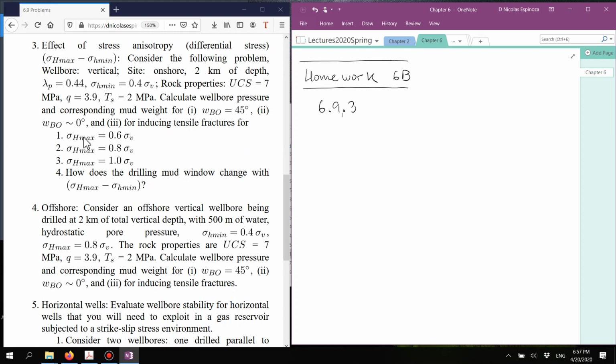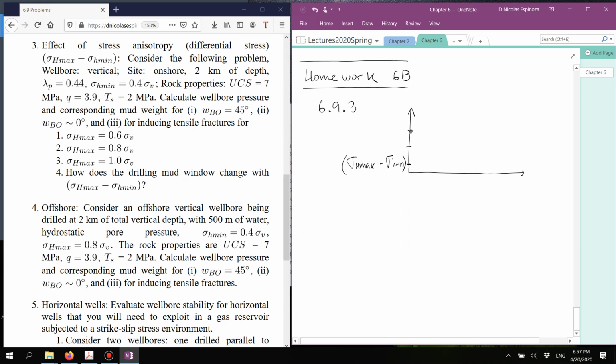So as you can see over here, I'm asking for 3 points and different values of sigma H max as a function of sigma V. For a given value of sigma H max, you're going to be able to compute a value of sigma H min. And here you're going to have 3 cases. Let's say 1, 2, and 3.